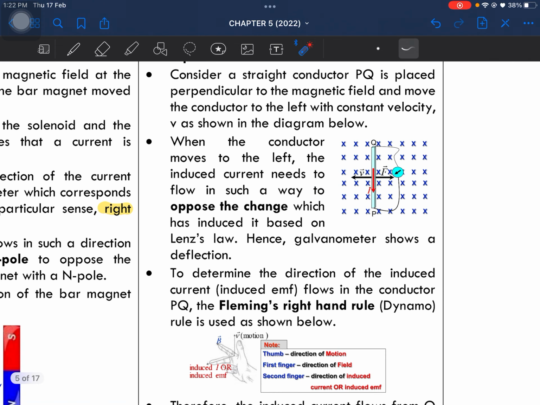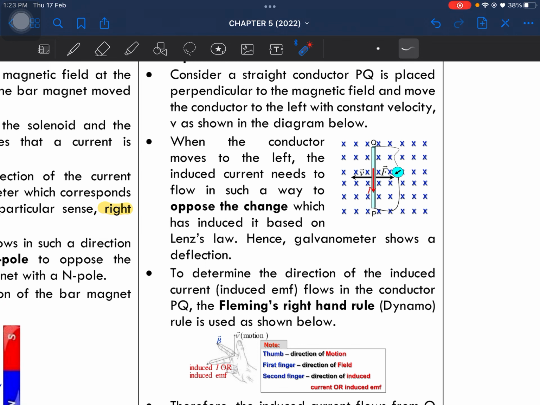When the conductor is moving to the left, the induced current needs to flow in such a way that it opposes the change. It doesn't want it to move, so it is trying to oppose the change based on Lenz's law. Hence the galvanometer here is showing a deflection.